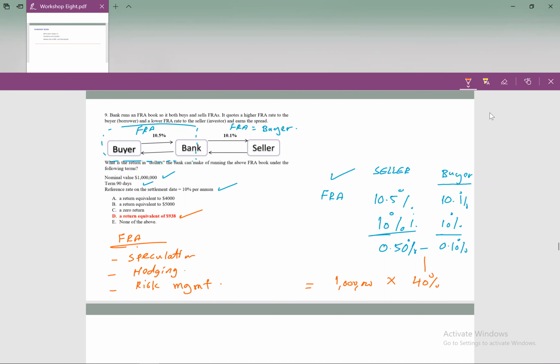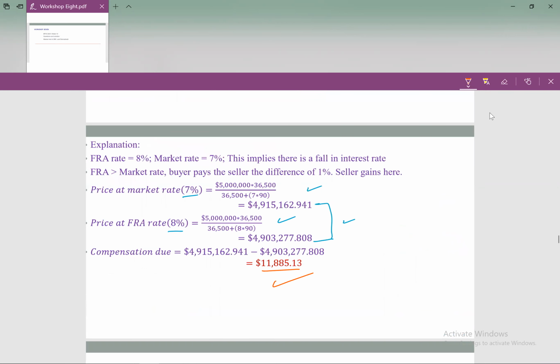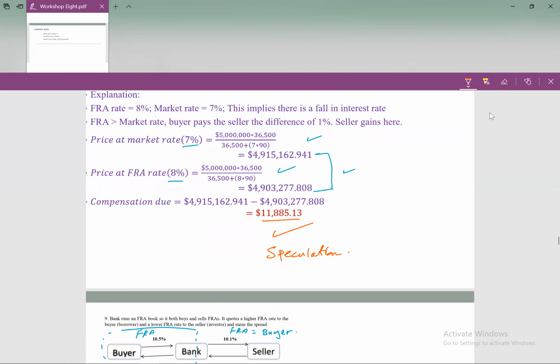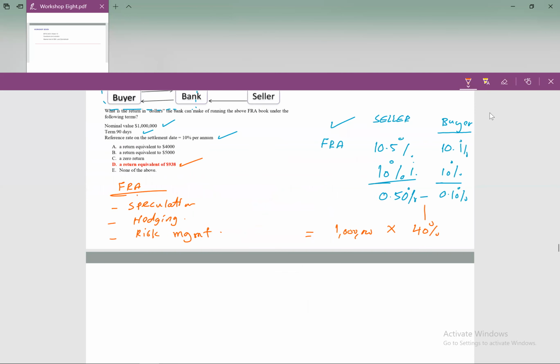Now here is actually the hedging, the speculation, because there's no physical assets. Here actually is the risk management. This is risk management.